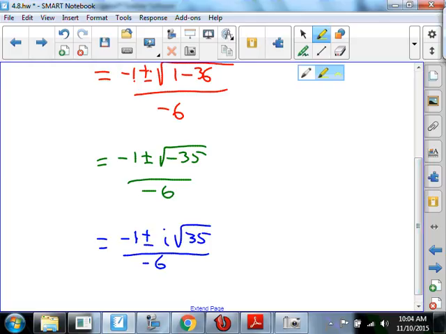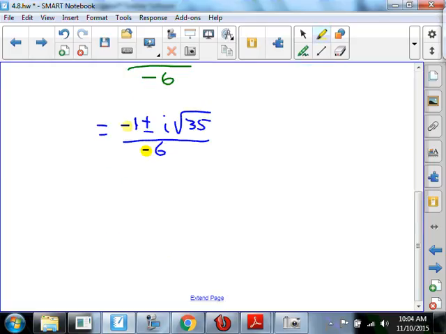So the deal is this negative here cancels with that negative there. So really, if we wanted to give the best answer, it'd be 1 plus or minus. Actually, minus or plus, but it's the same thing as plus or minus. So 1 plus or minus i root 35 all over 6. Okay. So that's what you should have had for that one.